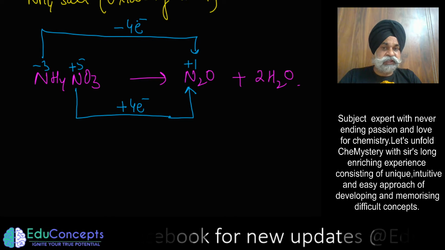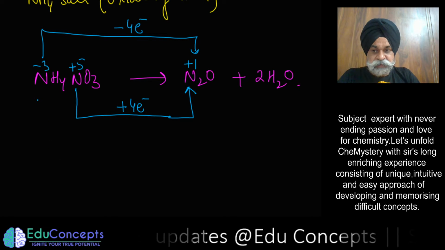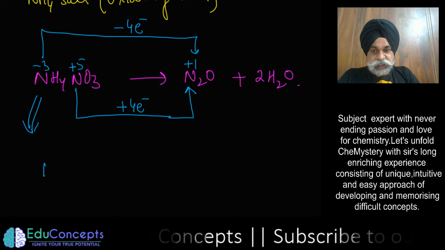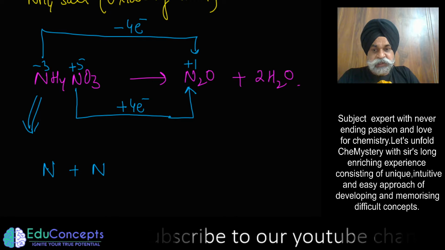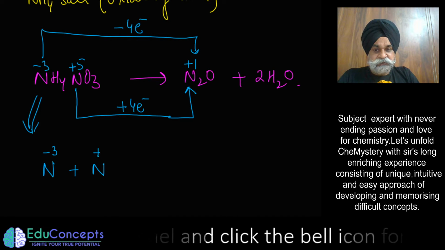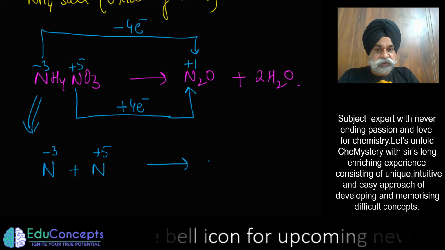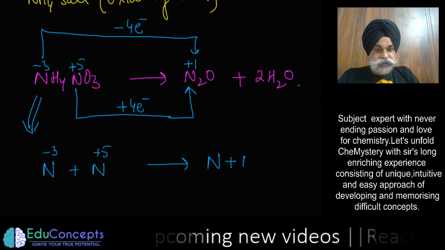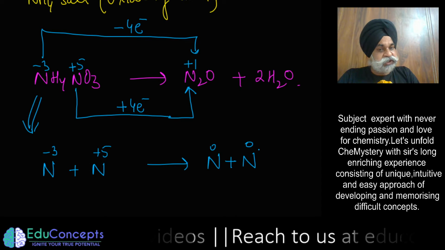So how many electrons are being exchanged? Or you can simply do it this way also, that you have two nitrogen atoms. One nitrogen atom is of -3, another nitrogen atom is of +5, and it is going to two nitrogens.